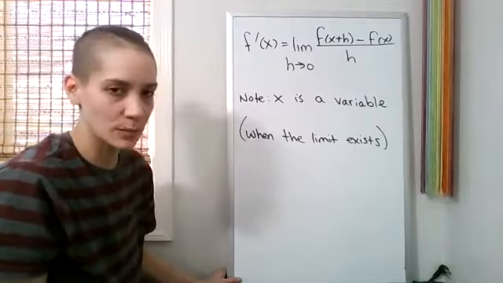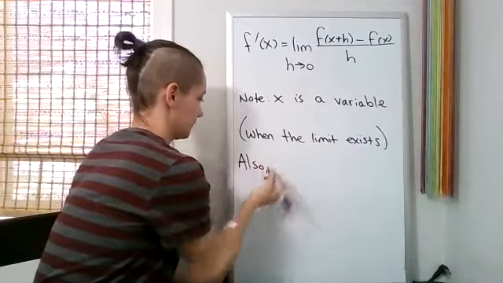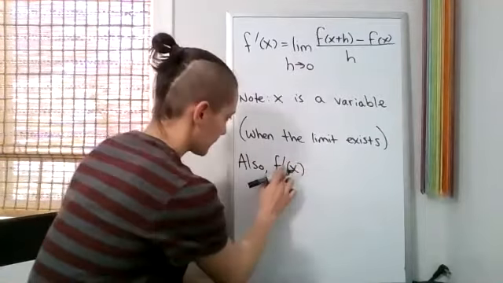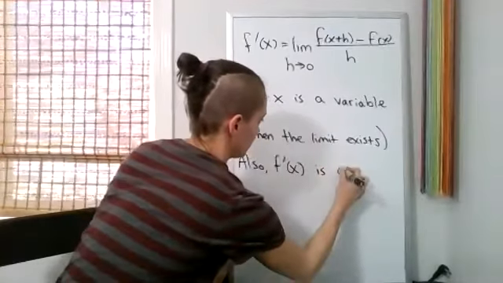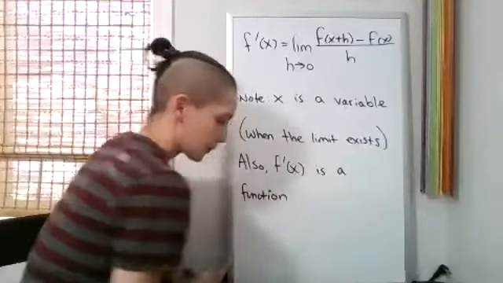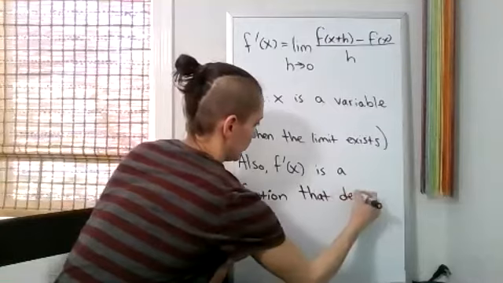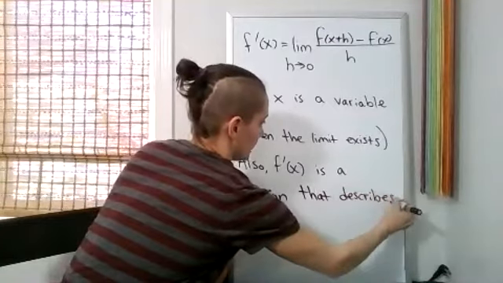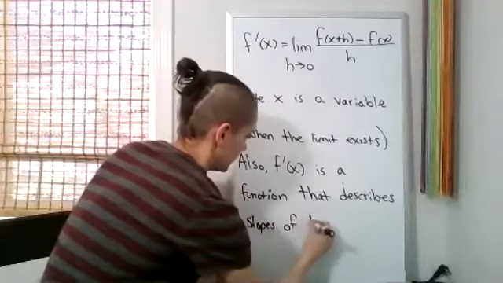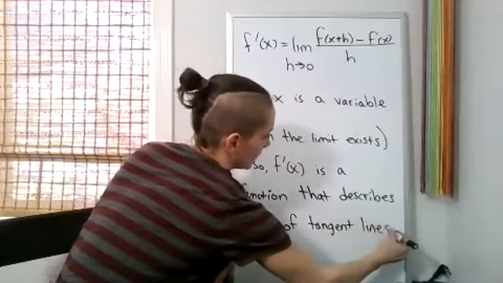We should write that down. It's important. So, also, f prime of x is a function that describes slopes of tangent lines.